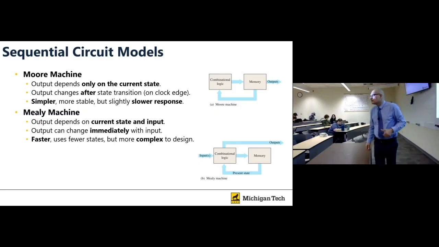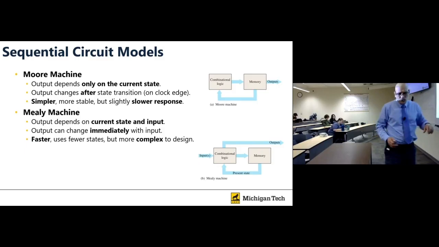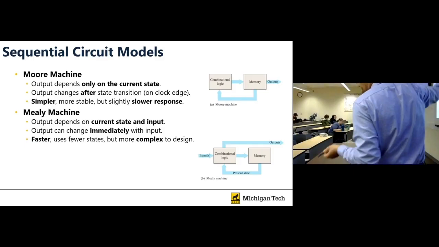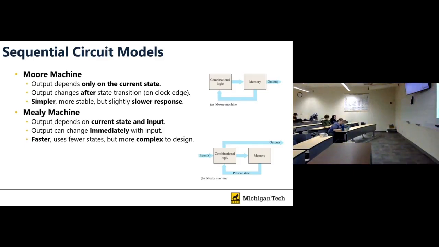Why does the output not come from the combinational logic? It actually can, of course, it can come from there too. But normally, there are two general cases of sequential systems. Yes, we have some systems where you can get the output from the combinational logic. That's correct.